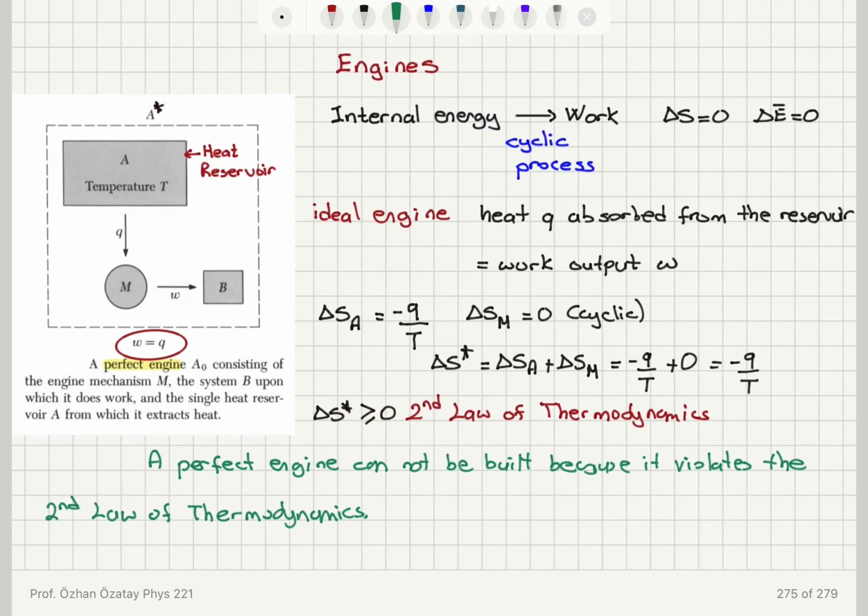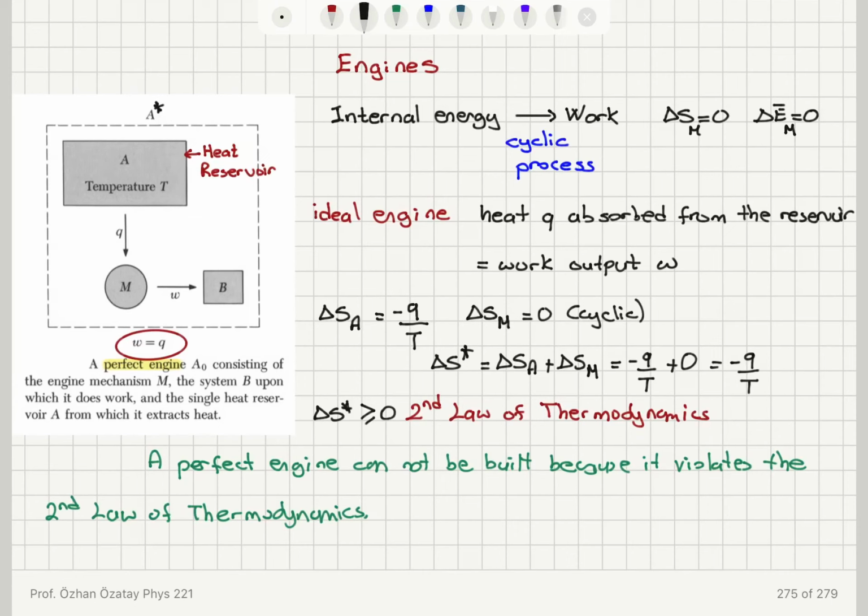Okay, so in order to give an example for the principle of entropy compensation, we worked on one of the basic features of the industrial revolution, that is to build an engine that provides useful work in a cyclic process. If you have only a hot reservoir at temperature T providing heat to an engine that operates in a cycle to produce a work output, since you have a cyclic process, there is no entropy change in the engine, and there is no mean energy change in the engine because we have the same initial and final states.